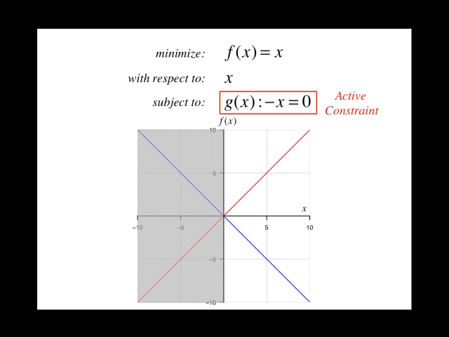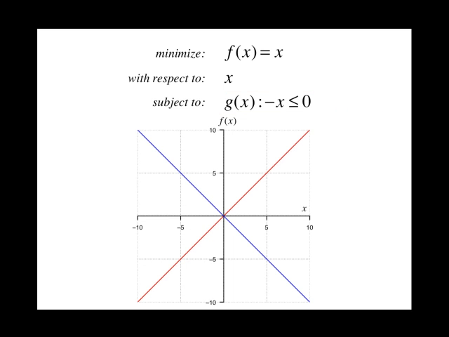Now, we can identify whether constraints are active or not in a problem by looking at the monotonicity of the functions in the problem. So for example, in this case, f of x is monotonically increasing. This just means that as you increase the value of x, the value of f of x will also increase. And likewise, if you decrease it, it will decrease.